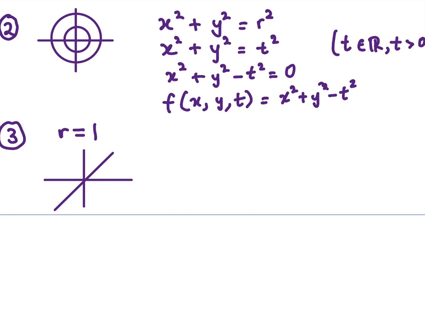Say we want to find a family of unit circles, i.e. circles with radius 1, where the centres lie on the line y equals x. So, just to do a little picture, we've got something like this going on. And they can overlap, but just remember that the radiuses are all 1.